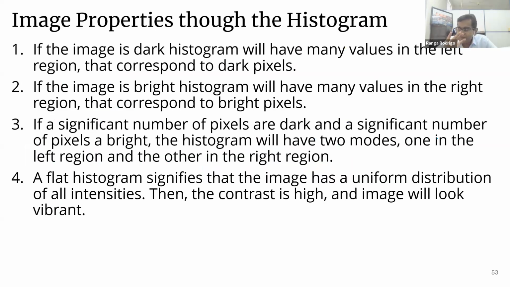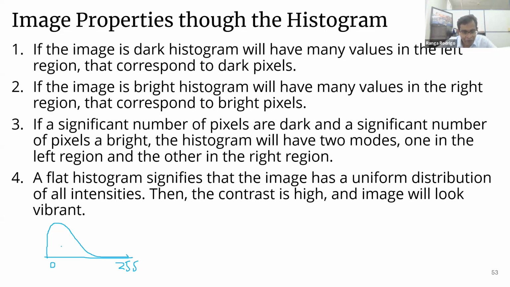Now, we can get the image properties through the histogram. For example, if our histogram is like this, so this is 0, this is 255. What do you think? Is this a dark image or a bright image?